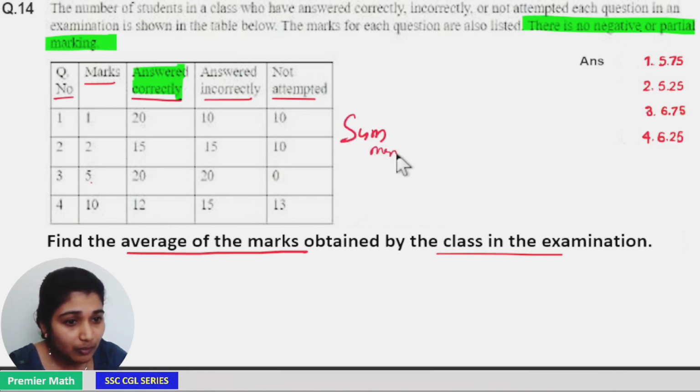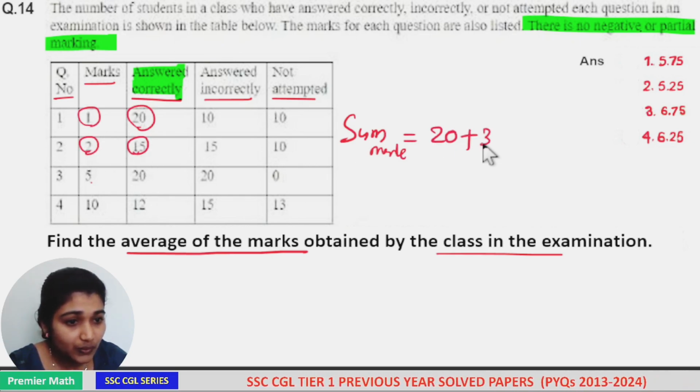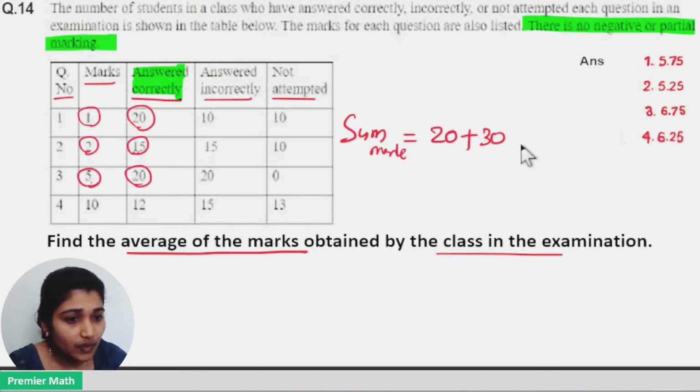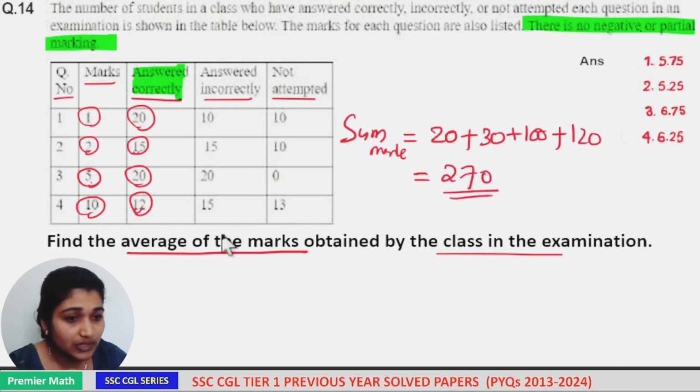Sum of marks is 20 into 1 is 20, plus 15 into 2 is 30, plus 20 into 5 is 100, plus 12 into 10 is 120. So the total is 100 plus 120, 220, 220 plus 50, 270 marks. Total marks obtained is 270.